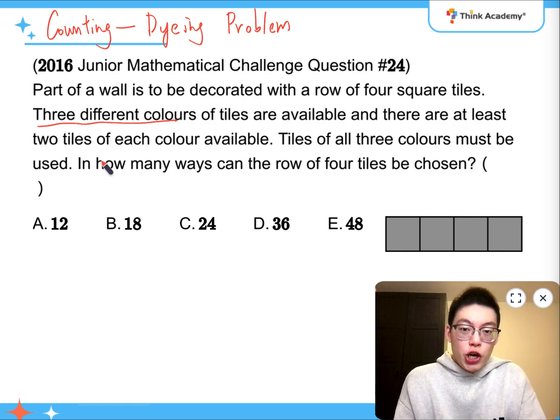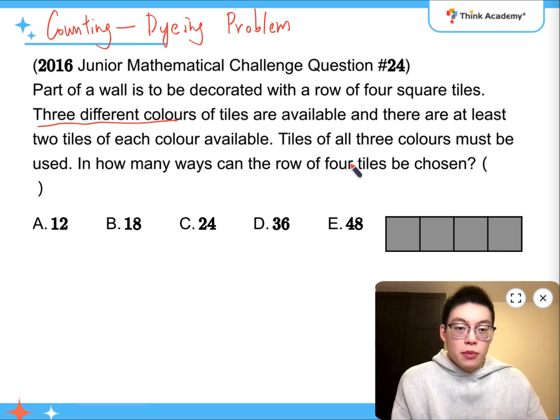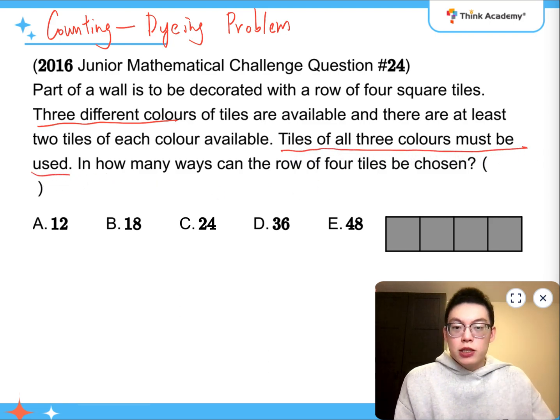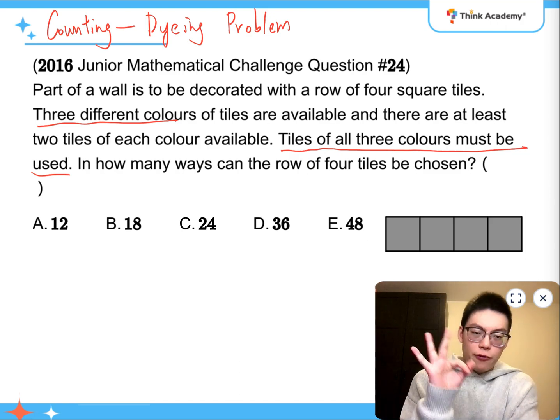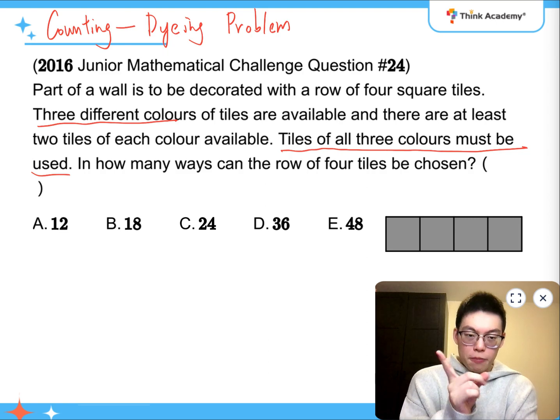And at least 2 of each color will there be, which means that you can feel free to use any colors, but tiles of all 3 colors must be used. So if you need to fill 3 colors into 4 tiles and all of them needs to be used, it means that one of the colors is going to be repeating, right?